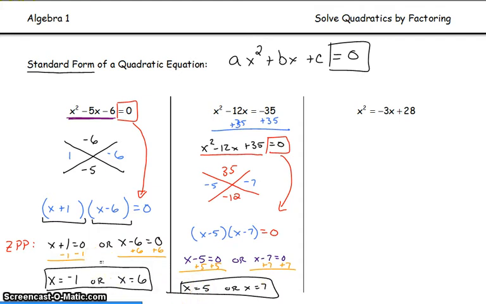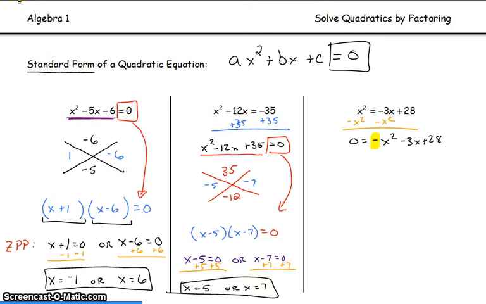The last one, and this is a little bit tricky. This is really only going to work for us when a is equal to 1. Not negative 1 though. So on this last one, I could subtract the x squared from both sides, and I'd get 0 equals negative x squared minus 3x plus 28. But I don't want this to be negative in front of my x squared. Our method that we're using right now will only work when I have a positive 1x squared.